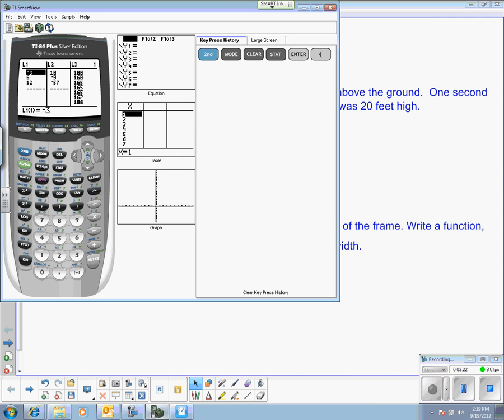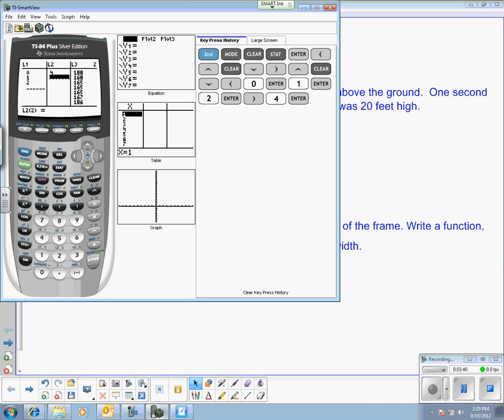And I've got my old x's and y's back in there. If you go up and highlight L1 and hit clear, come back down, it'll clear it out for you. So in this case, my x's are 0 seconds, 1 second, and 2 seconds. And my y's are 4 feet and 28 feet and 20 feet.